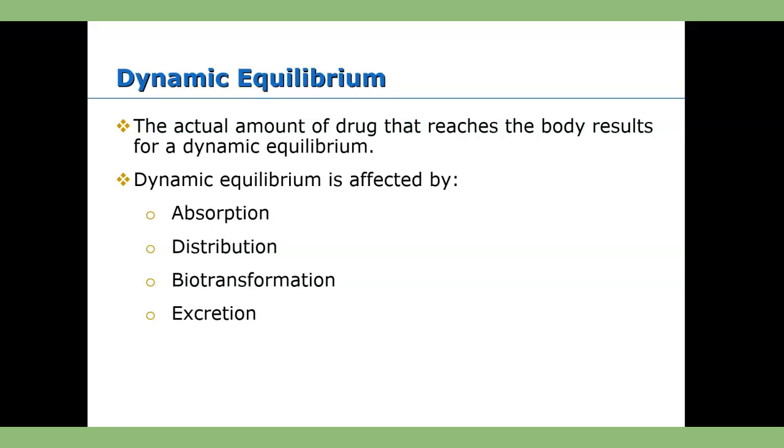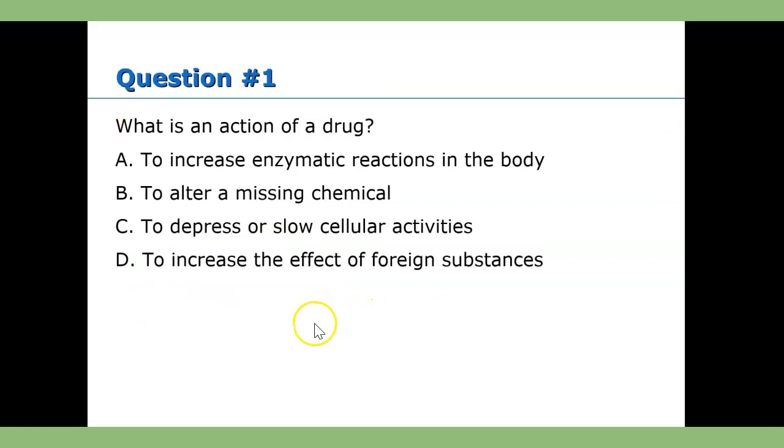How is it biotransformed or metabolized? And how is it excreted? It also has to do with your age, the disease states, and if you're taking other medications. In a perfect world we want the dynamic equilibrium to be as perfect as possible, but many of us take other medications and age affects it also.